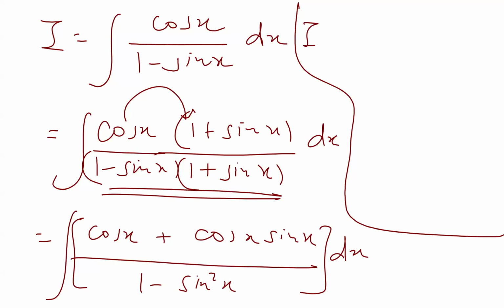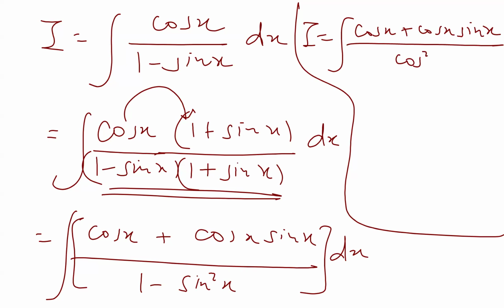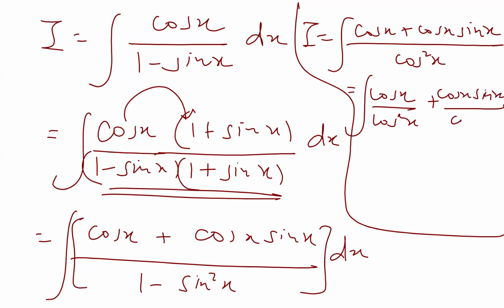So this will be integration of (cos x plus cos x sin x) upon cos square x. Split this: cos x upon cos square x plus cos x sin x upon cos square x.